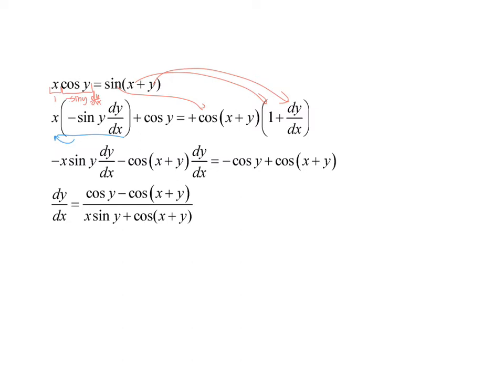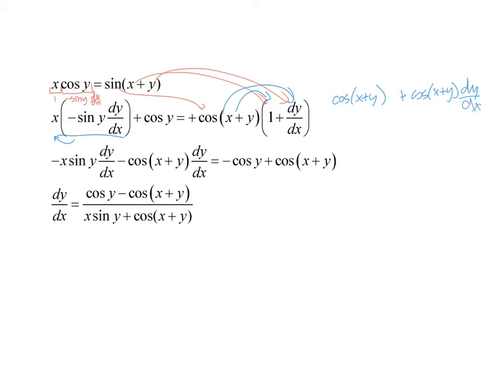What they did on this second one is they FOILed this out. So they went cos x plus y times 1, which is the same thing, and then cos x plus y times dy dx. So they FOILed that out and then moved it to the other side. So they kind of skipped a step, but you should be able to see that it works the same as we normally would.